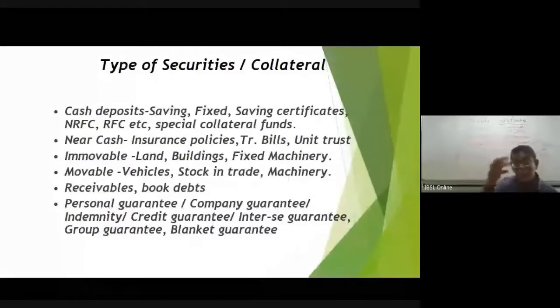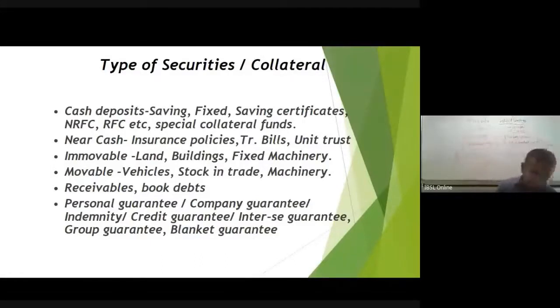And receivables also can be used as securities. We learned in the theory, right? Or maybe personal guarantees. I just give you 1C: before you are granting a loan to the customer, we look at the type of securities. Can you remember? 1C is collateral, of the 5Cs. That is why, because it is very important.